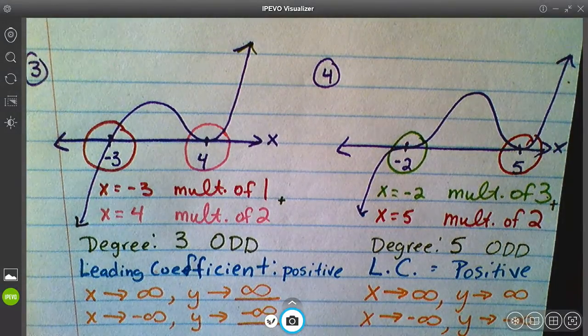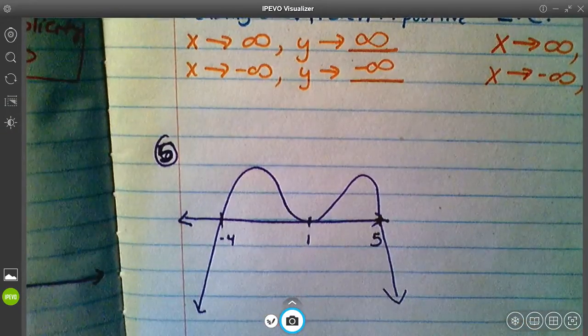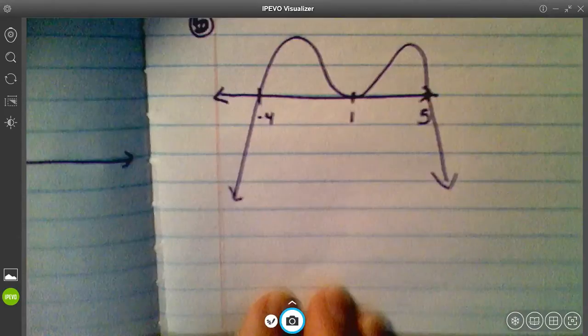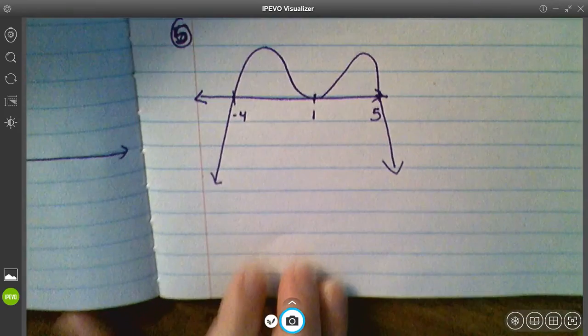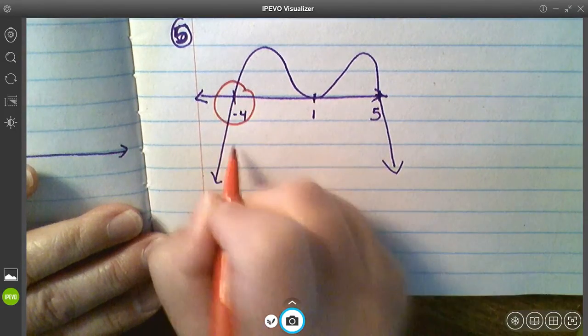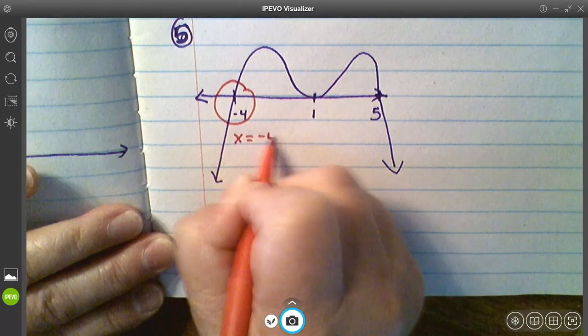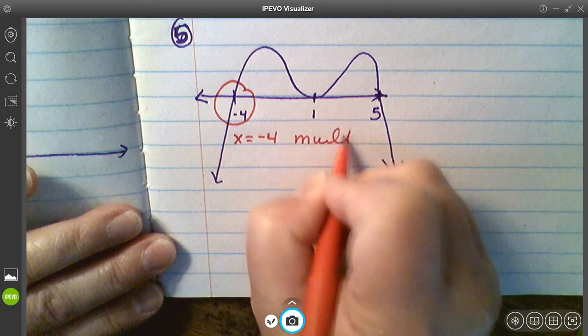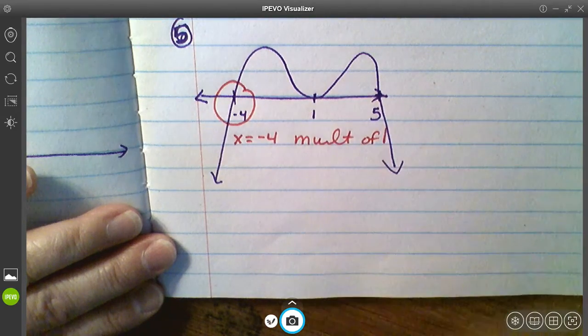And one more example. All right, so take a look at this one. I have an x-intercept at -4. It's a pass-through, so that's a multiplicity of 1.